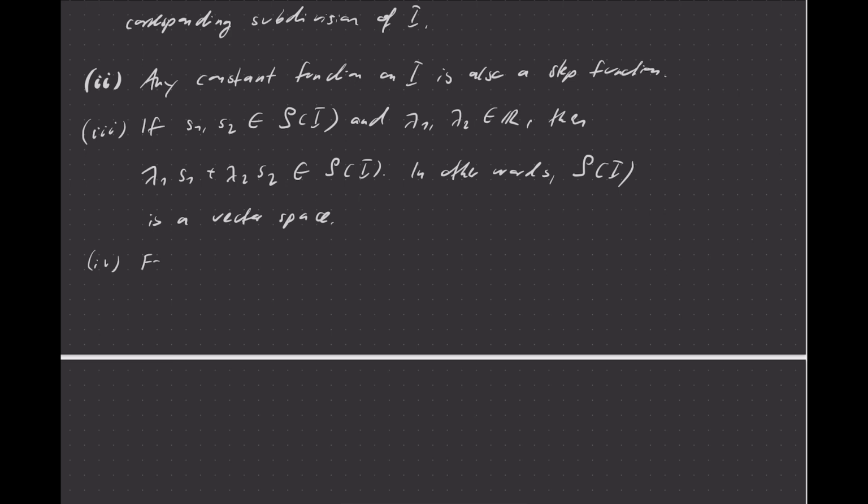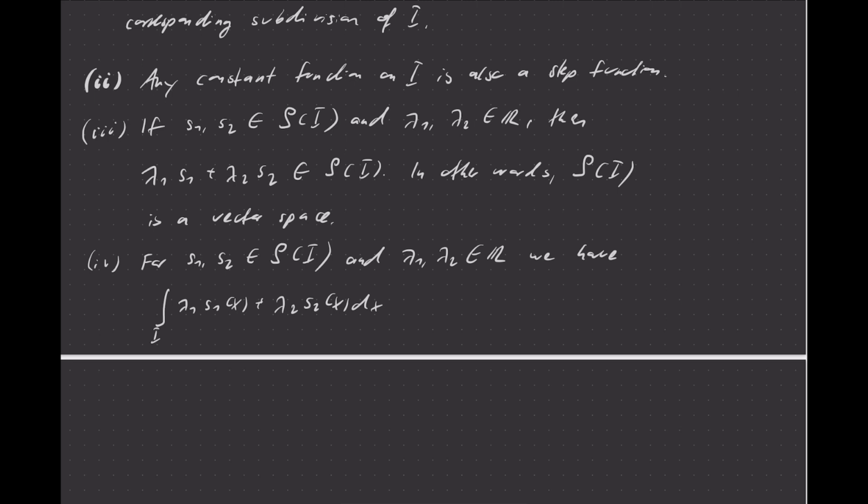So more precisely, for S1, S2 in S of I, so two step functions, and lambda 1, lambda 2 in R, we have the integral of lambda 1 S1 of x plus lambda 2 S2 of x dx is equal to the integral of S1 of x dx times lambda 1 plus the integral of S2 of x dx times lambda 2, both integrals taken over I.